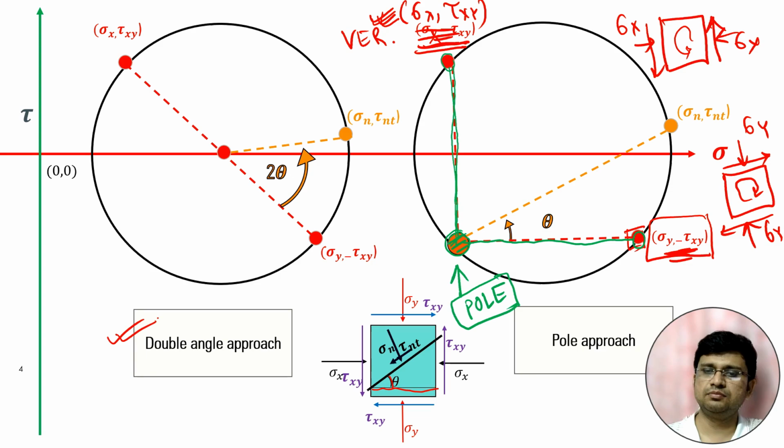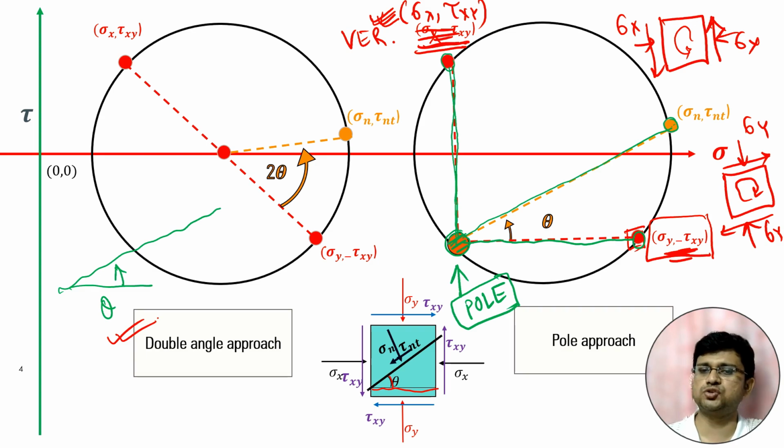Suppose we want to calculate the stress for a particular plane which is at an angle of theta with respect to the horizontal plane. So this is the plane for which we want to calculate the stress. We will draw one line parallel to this particular plane, and this line will cut the Mohr circle at this particular point.